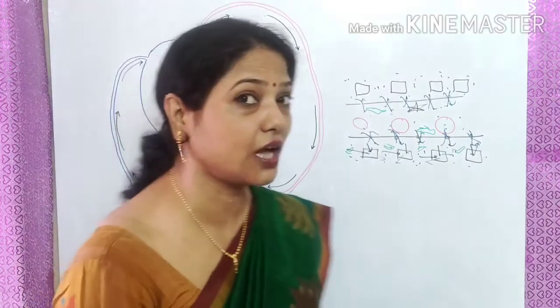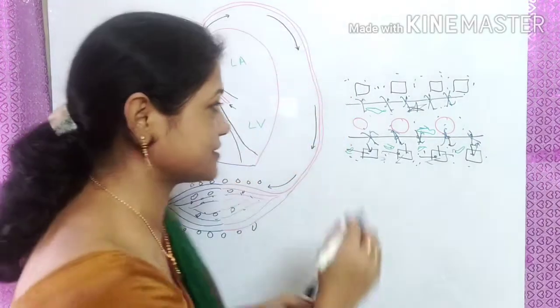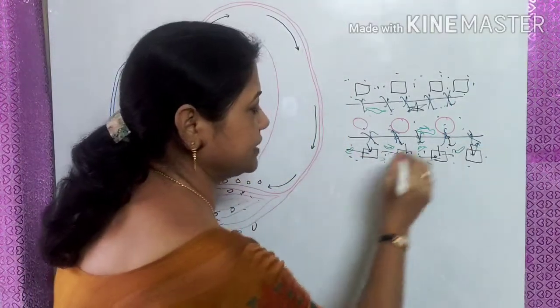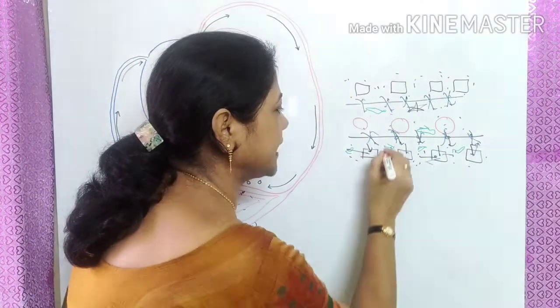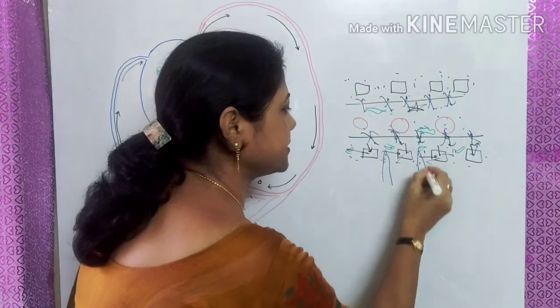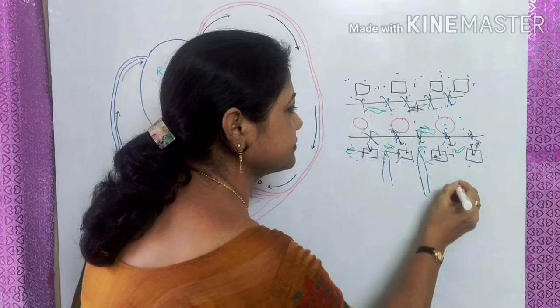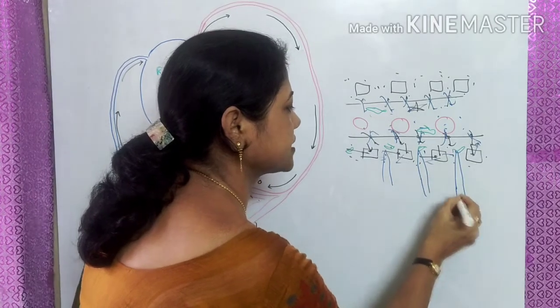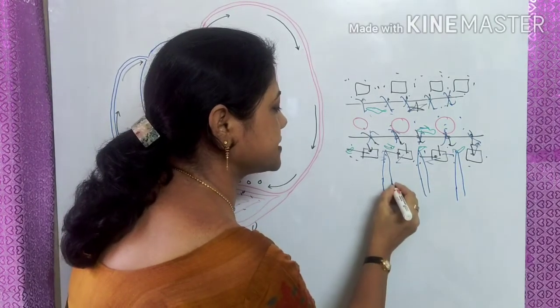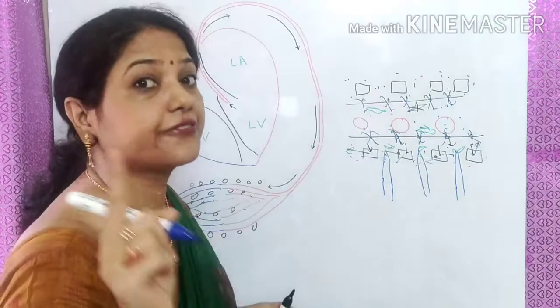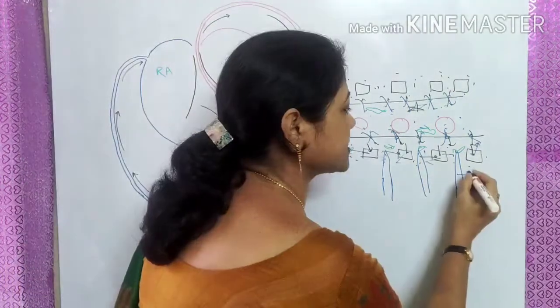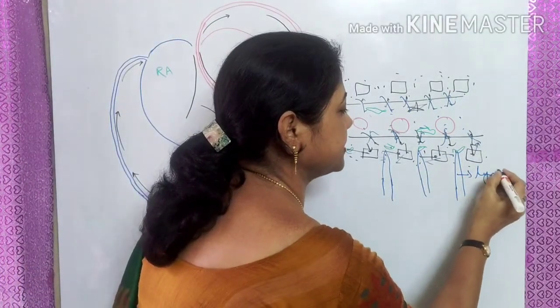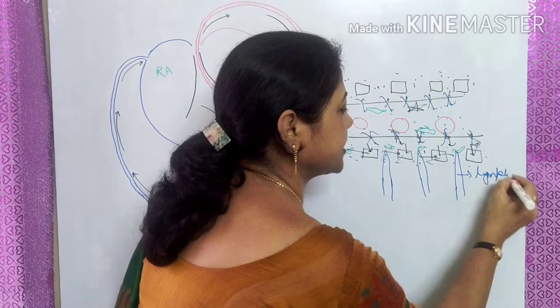Let us see how the lymphatic system arises here. In between these tissues, thin capillaries are present, and these capillaries are called lymph capillaries.